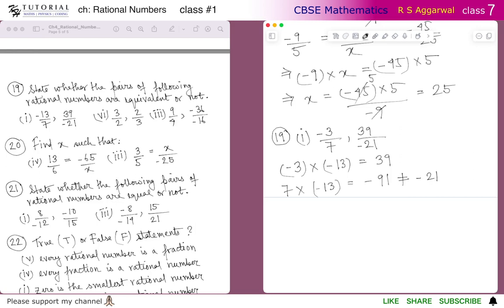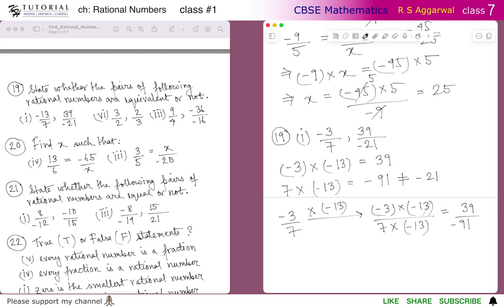So if these two rational numbers were equivalent, then definitely if I multiply both the numerator and the denominator of this rational number with minus 13, I get minus 3 into minus 13, 7 multiplied by minus 13, this is 39 by minus 91.